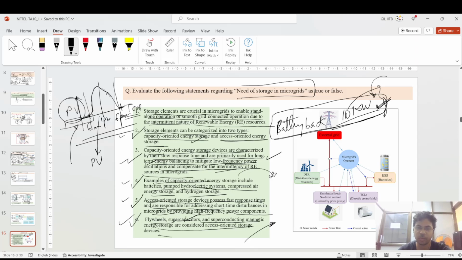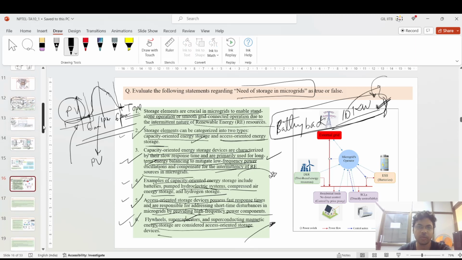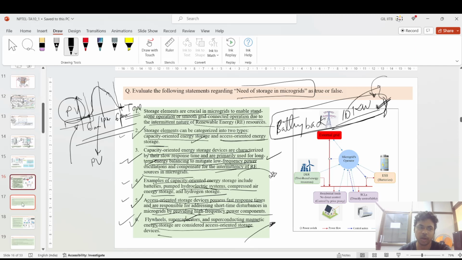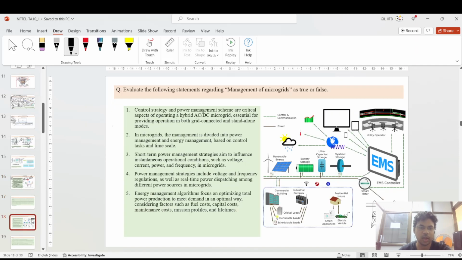But that is not the case with pump storage and batteries. It takes certain time to give this power. So these are the two kinds of storage systems in the microgrid, and these are solutions.